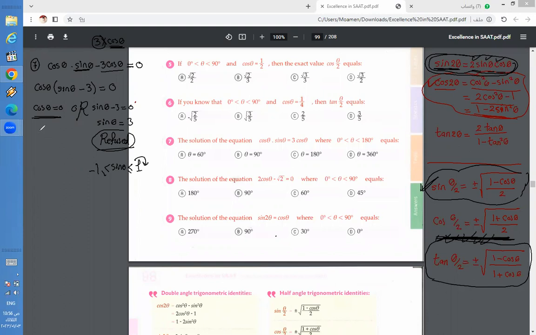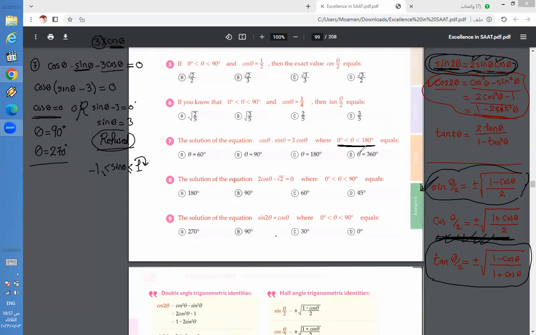Cosine 0 or you get 180, right? No. Cosine 180 is -1. Cosine will be 0 if the angle is 90 or 270. So the result will be 90 or 270. But we work in which quad?